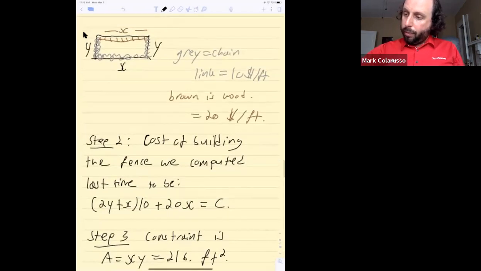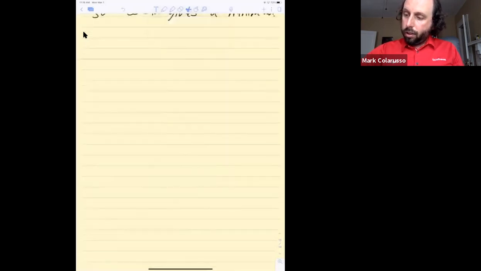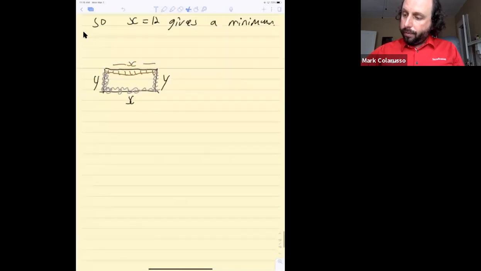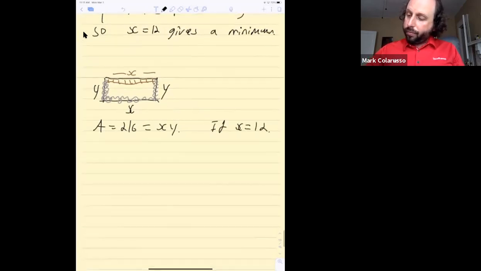So let's just remember the situation. Now, okay, so the area was 216, which was x times y. So if x is equal to 12, y is equal to 216 divided by 12, which on your calculator you can work out to be 48.